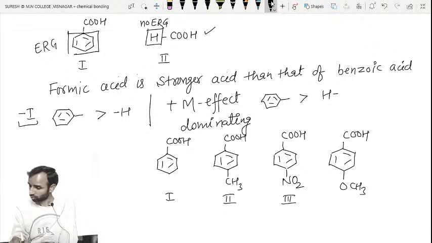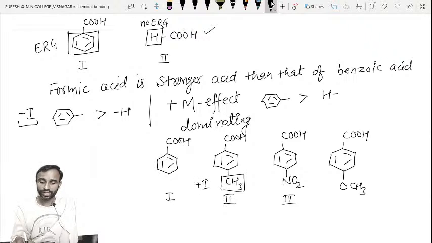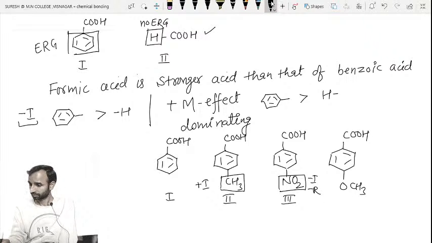Okay, 1, 2, 3. Ashish, wrong. See, methyl group has plus I effect, nitro group has minus I as well as minus R effect. Para-nitrobenzoic acid, see, this is an electron withdrawing group.